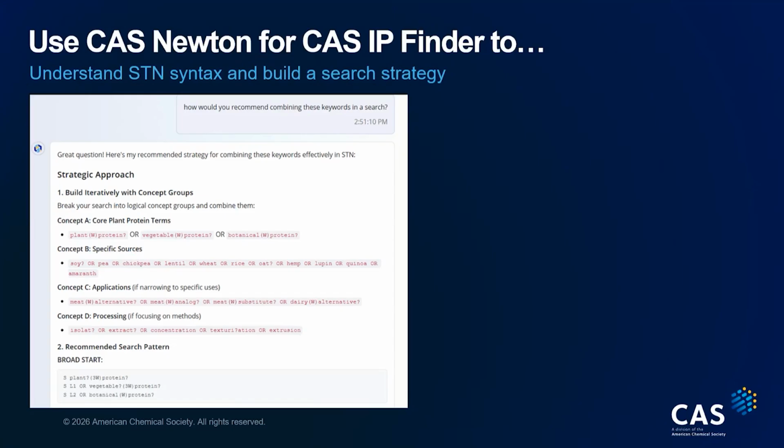And this could be database dependent. So you could ask it, how would you build a strategy in CA+? Why would I ask for CA+ search strategy versus Embase or Biosis? CA+ has a basic index just like those other two databases, but also CA+ has the claims text. So those would have different types of field assignments, and it can help you find fields as well.